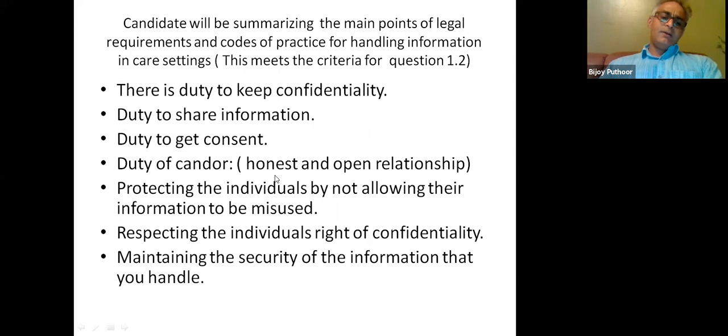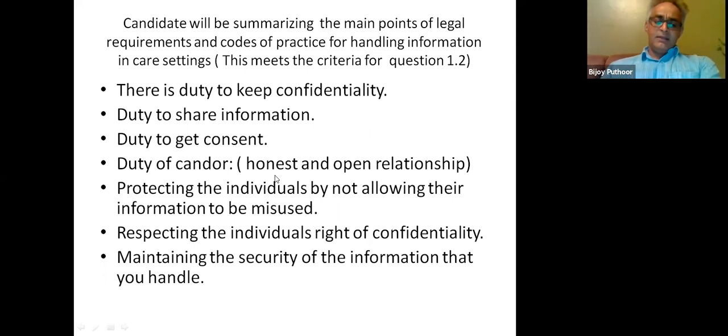And if you are going to be away from an electronic device where there is potential for the person's information to be in that device, you should make sure that it is password protected, as well as using the screensaver and other things, so that the person's information will not be misused, and always it will be handled securely.